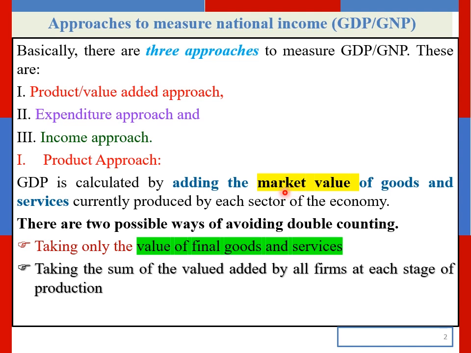That means avoid the intermediate products that are included in the production process. In order to overcome the double counting problem, there are two approaches that we can use. The first one is taking only the value of final goods and services. The second is taking the sum of value added by all firms at each stage of production.